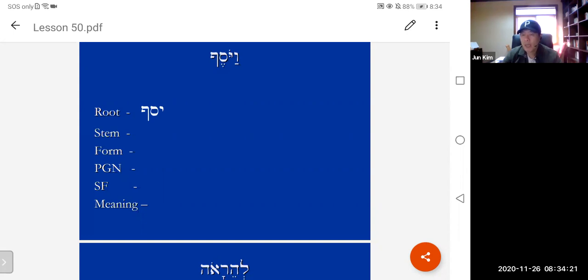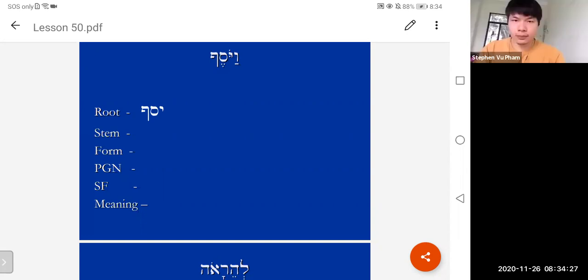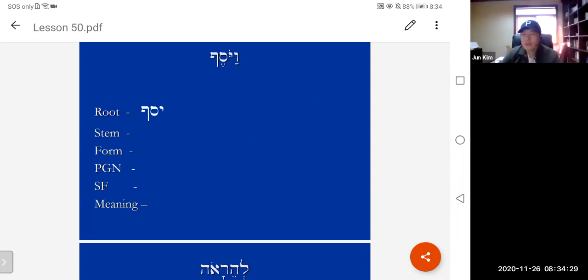Having a verb used in a specific stem like Hiphil, the expectation is we want to see the certain nuance of those specific stems' meaning, but it's not always happening that way. So in this case you can simply add the meaning of yasaph, which is to add or to continue. So you're right, and he added, or and he continued.